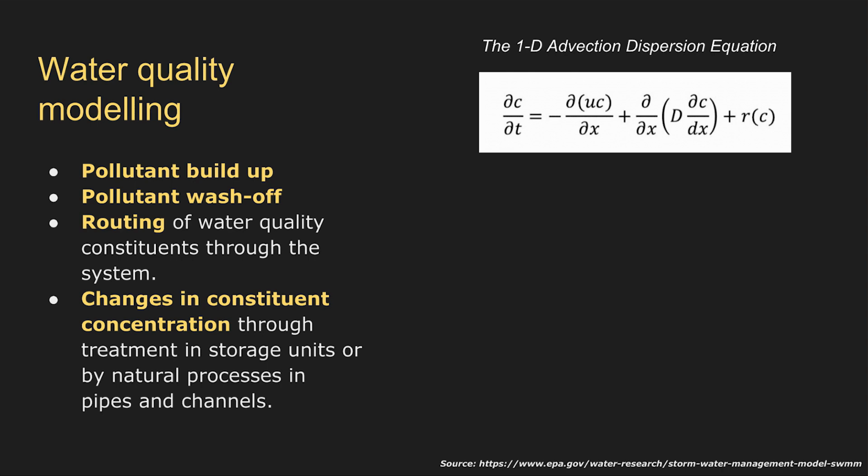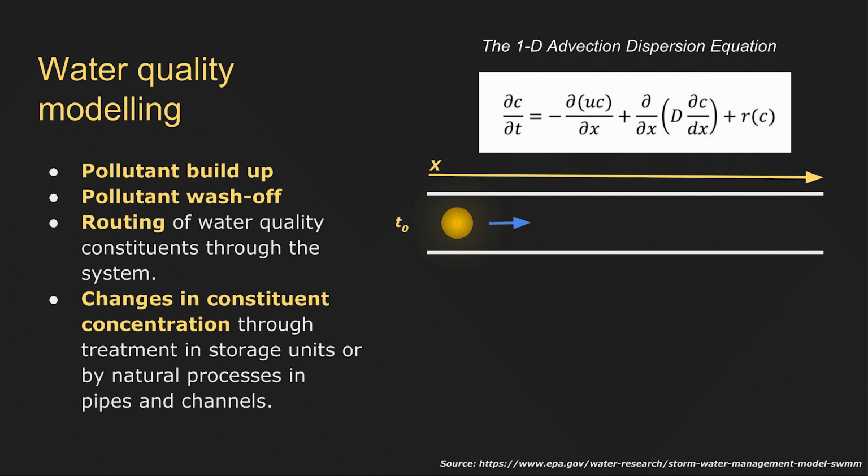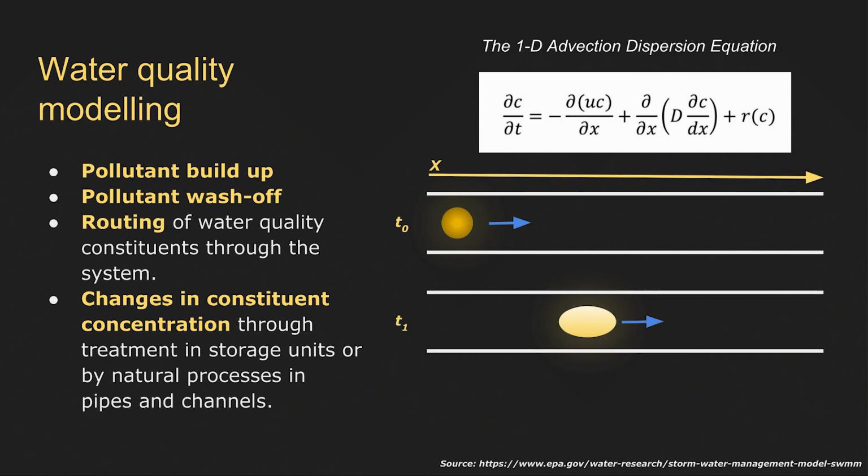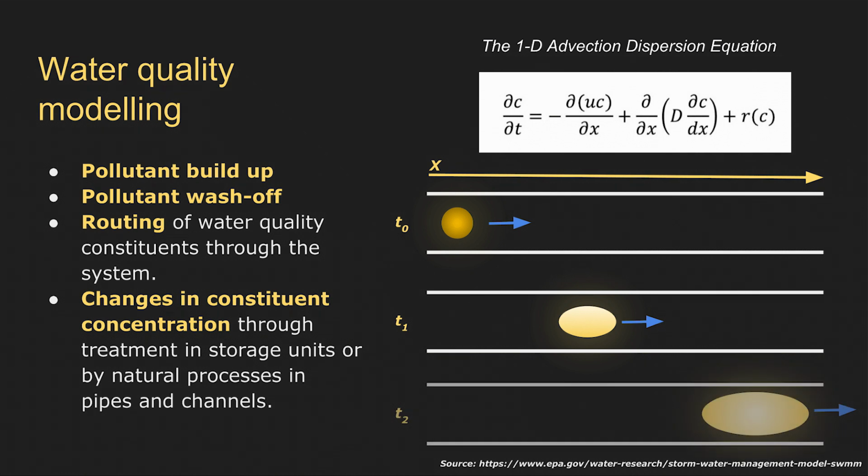It has a couple of components. Let's assume that we have a channel and, at a period of time A, a concentration of a given contaminant. What we want to do is understand how it propagates in the direction of the flow and how it disperses. That's why we see the blob growing and becoming more dispersed.